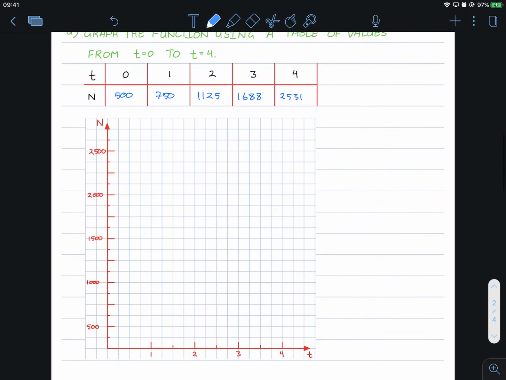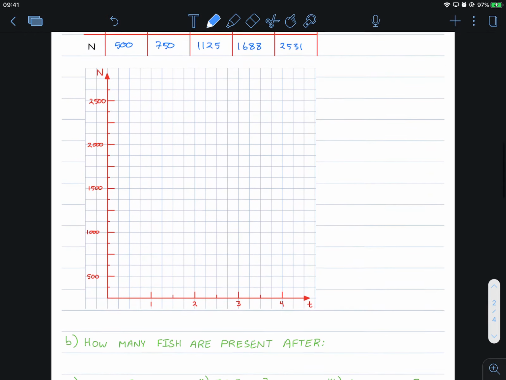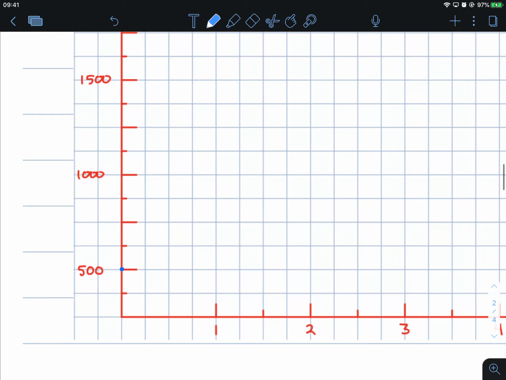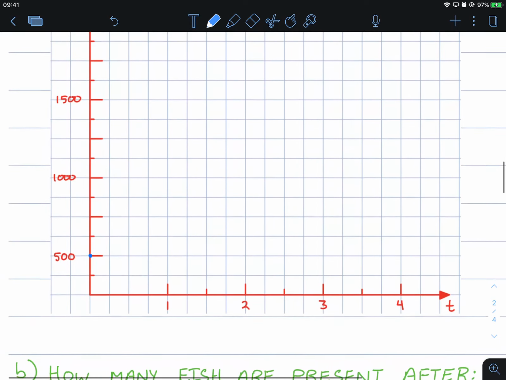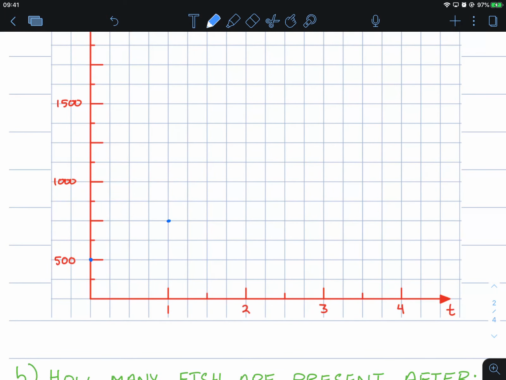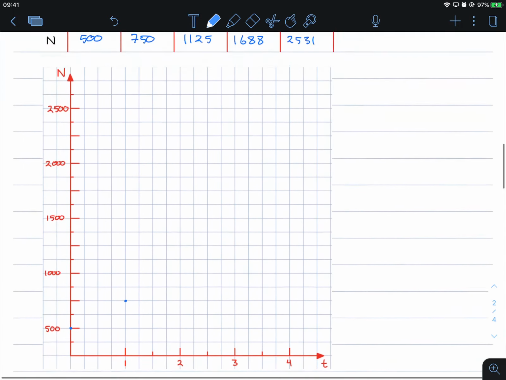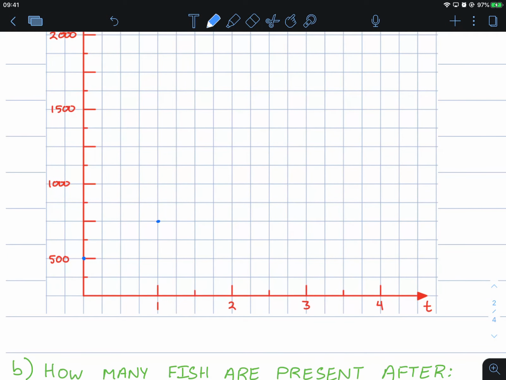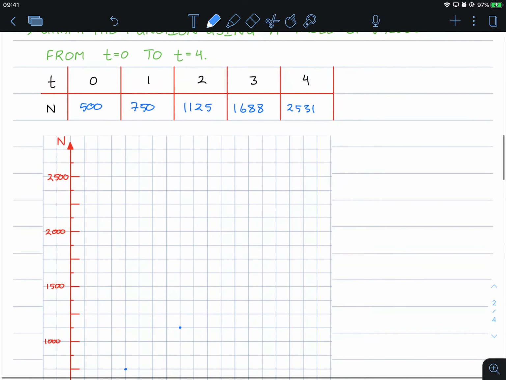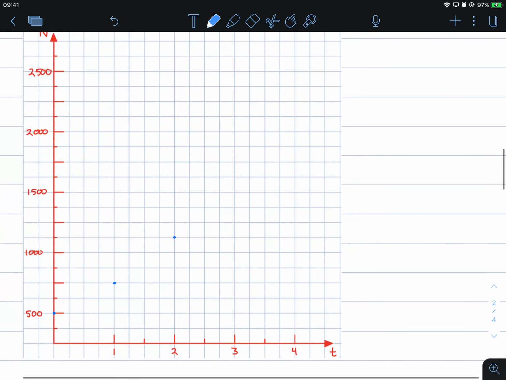So here we go. 0, 500. 1, 750. That would be here. 2, 1125. So this is 250. It's exactly here. 1688.